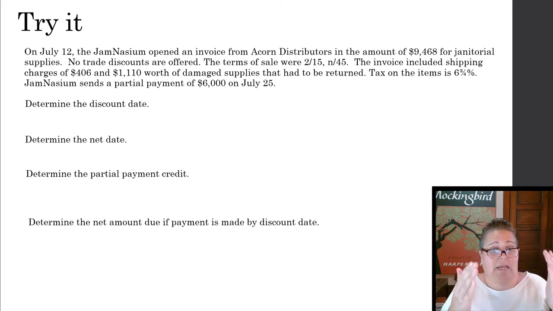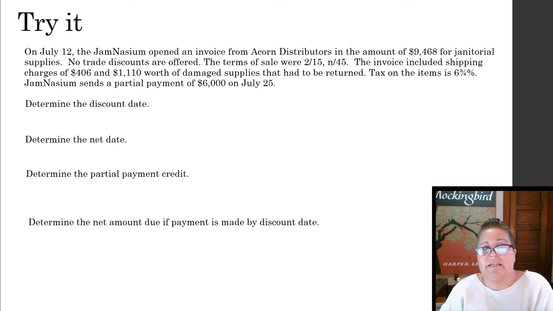For the discount date, I need to know the terms of sale, 2, 15, and 45. Pro tip, just the fact that they have an N means we're doing ordinary dating, because the other 3 dating methods that we talked about never had a net in them.